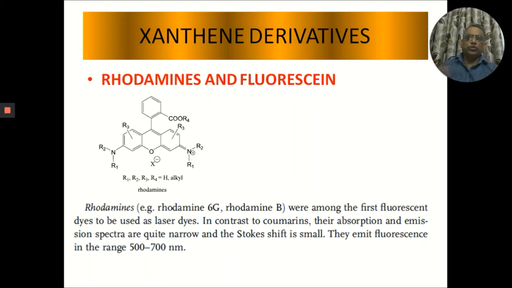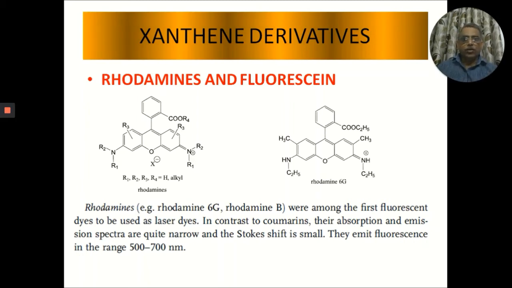Longer wavelength emission is from the rhodamine, while blue region emission, a little higher energy emission, is possible with the coumarin dyes. Now rhodamine 6G has different substitutions, and you can compare rhodamine and rhodamine 6G, where different substitutions are possible.